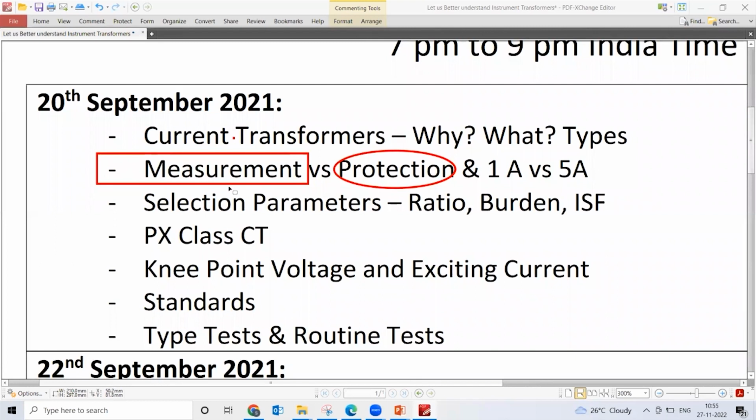I guess you might have now understood the difference between measurement and protection CT. Measurement has to be accurate from 0 per unit to 1 per unit, or 0 to rated current. Protection, I don't care about the accuracy from 0 to 1, but above 1, up to the maximum fault current, I expect it to faithfully reproduce the waveforms.